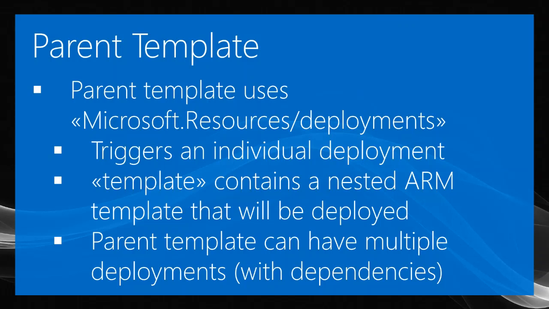But this other template lives in the same file. It's just nested. This is why it's called nested templates. All right, so in your code, you will then have a template section, and this template section will contain the full nested ARM templates that you want to deploy. And of course, if you want to deploy more than one resource, you just create multiple deployments. All right.